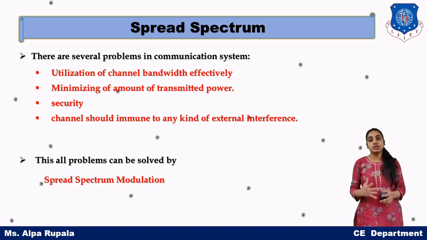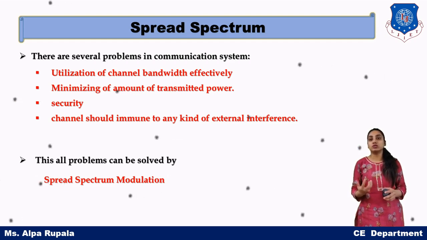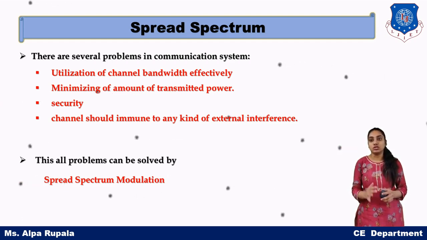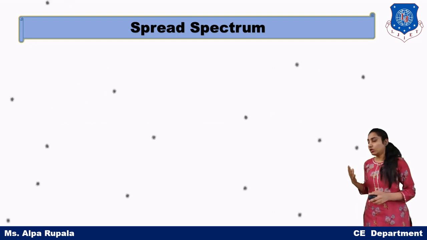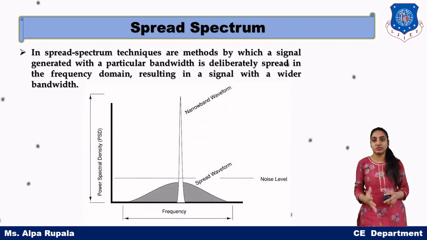And last, we can filter out the original signal and regenerate it, so the noise can be filtered out easily. So we can say that our system is very immune to noise. All these problems are solved by a single answer, that is the spread spectrum.